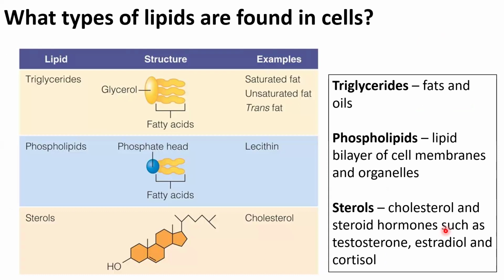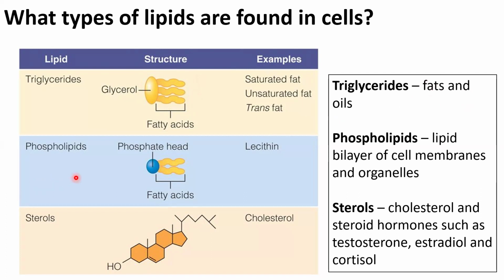So what type of lipids are found in our cells? In our cells, we find three types, including triglycerides, phospholipids, and sterols. So some are more like this, where there's a glycerol molecule with fatty acids next to it. Some examples are fats and oils.